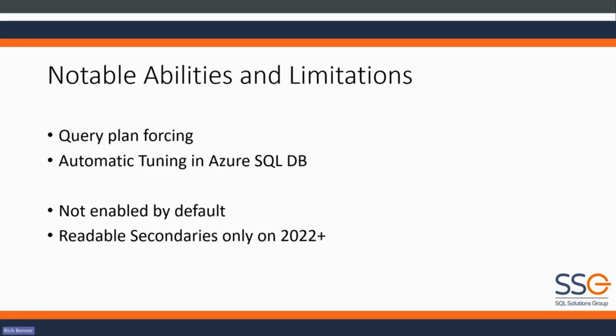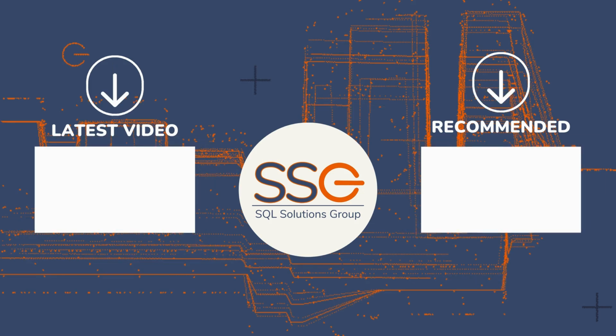But prior to that, it doesn't work on secondaries, unfortunately. You very likely have different read-only queries running on these secondaries, but they don't get captured prior to 2022. So it's another reason to upgrade.